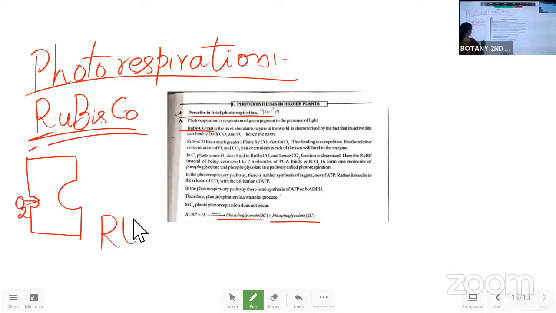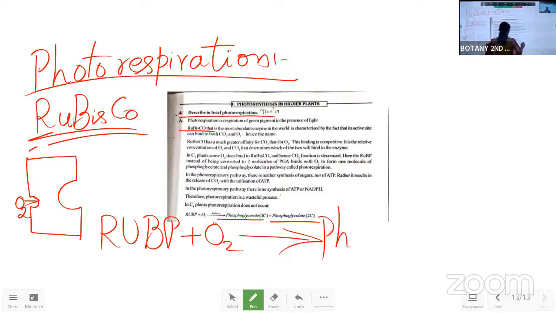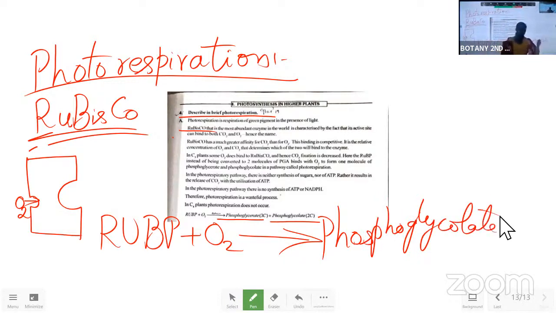So it converts the ribulose 1,5-bisphosphate into phosphoglycolate and phosphoglycerate.